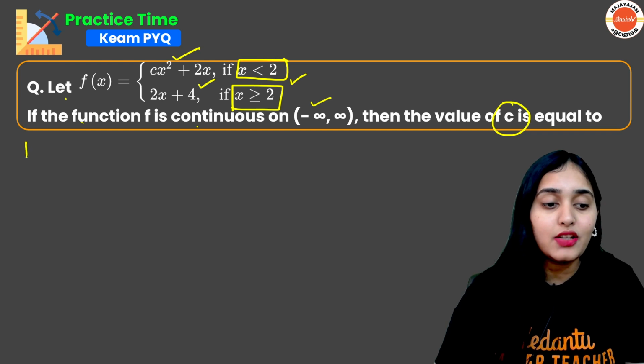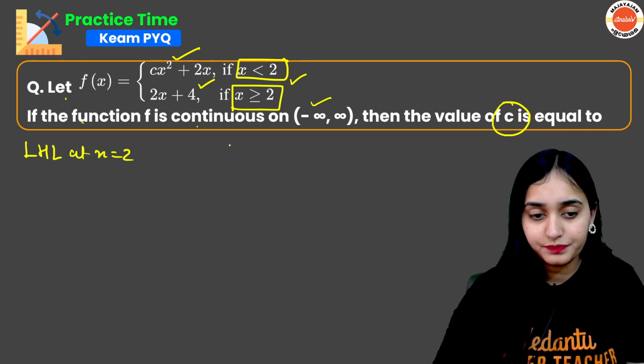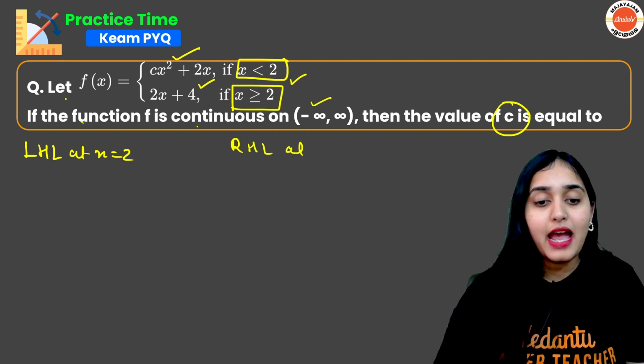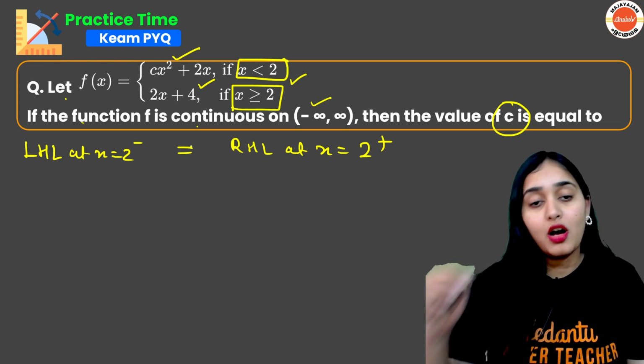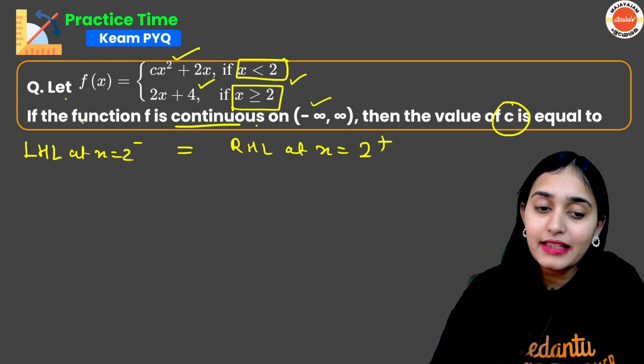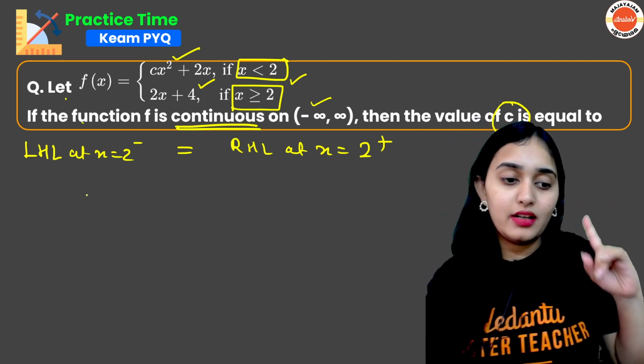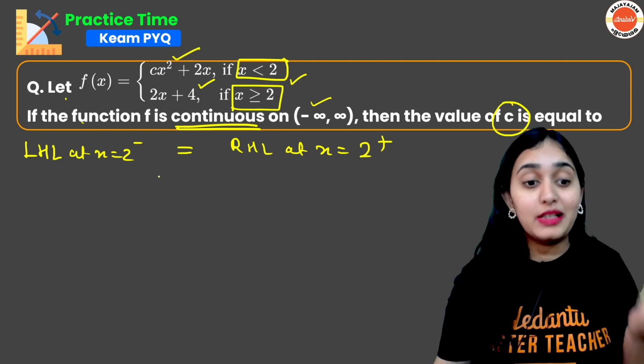So what can we calculate? We can calculate the left hand limit at x is equal to 2 and the right hand limit at x is equal to 2, because they have said that it is a continuous function. So if it is a continuous function, the left hand limit and right hand limit will be the same.